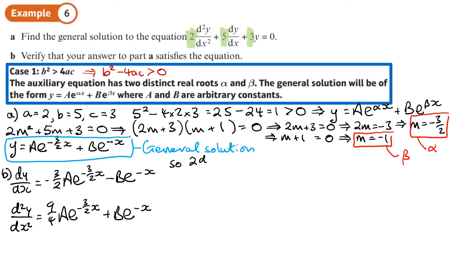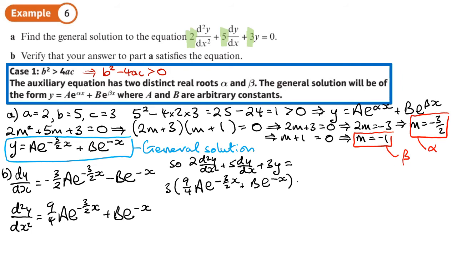Right, so let's see what happens when I do 2 lots of what I get when I differentiate twice, plus 5 lots of what I get when I differentiate once, plus 3 lots of y. So that will be 2 lots of 9 over 4 a e to the minus 3 over 2 x plus b e to the minus x plus 5 lots of this.